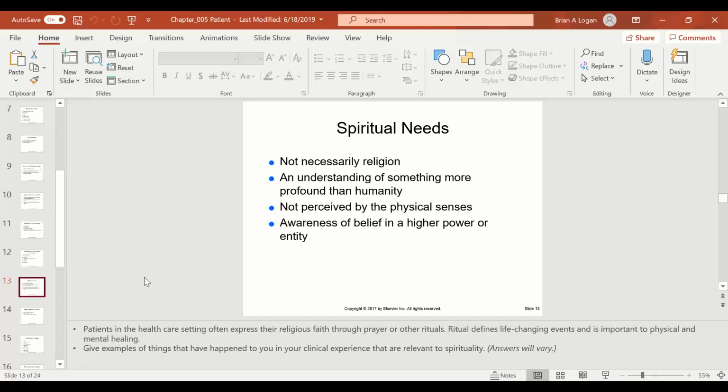But anyone of any denomination, or even if you're not religious like that, you're not part of a religious group, but you are spiritual, you believe in some kind of higher power, you can request that a chaplain come in and do a little prayer with you before going back to surgery, things like that.